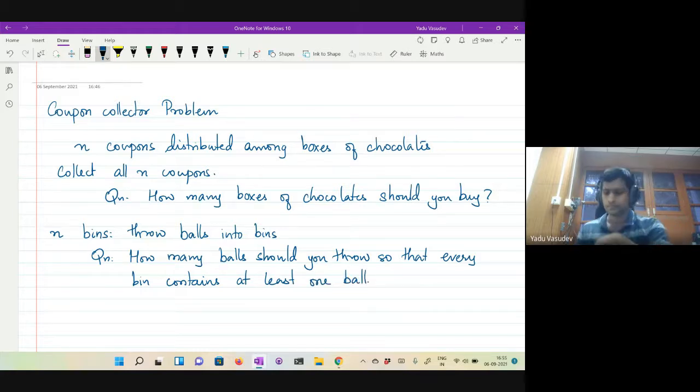Correct? So this is the coupon collector problem as a balls and bins problem. We have reworded the problem. It's the same coupon collector problem, but reworded as a balls and bins problem, right? So you're throwing balls into bins, and you want to know the number of balls you must throw before every bin contains at least one ball, right?